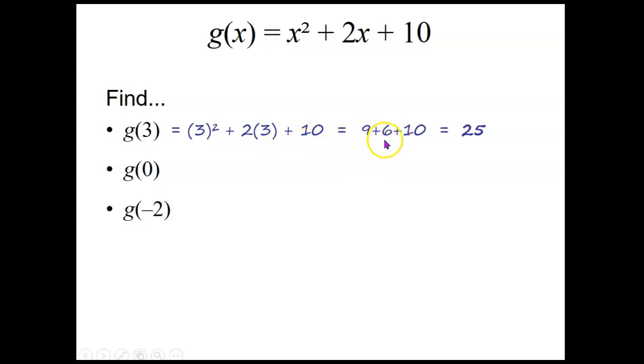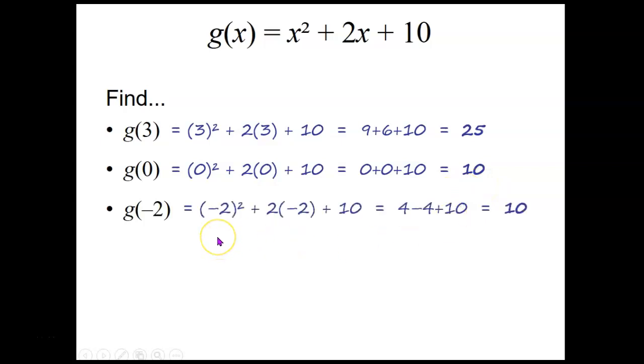When we add 9 plus 6 plus 10, we get 25. What's g of 0? Well, that would be 0 squared plus 2 times 0 plus 10, which works out to be just 10. What about g of negative 2? Well, that would be negative 2 squared plus 2 times negative 2 plus 10. So positive 4 plus negative 4 plus 10, that works out to be 10.